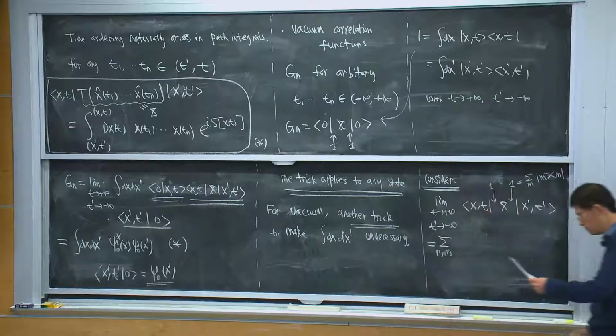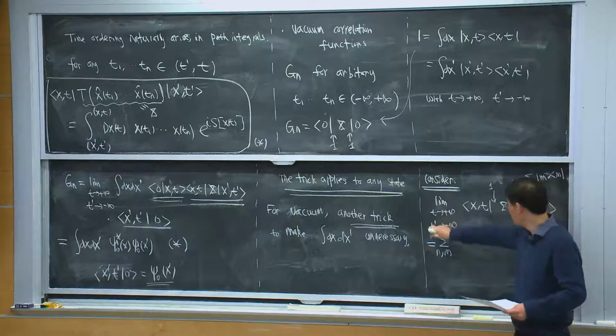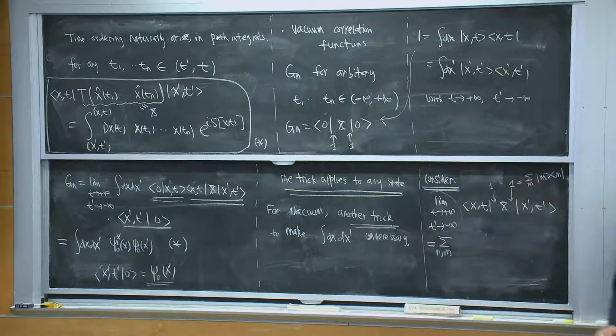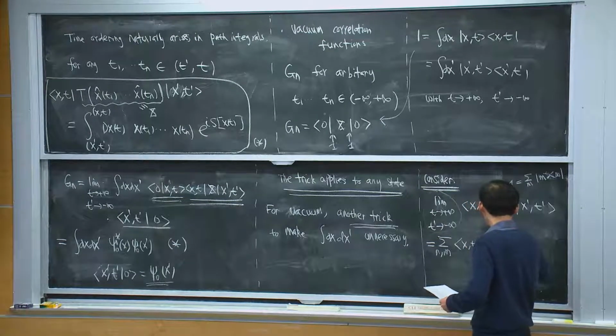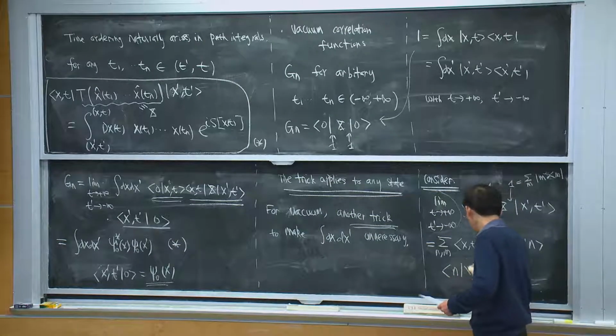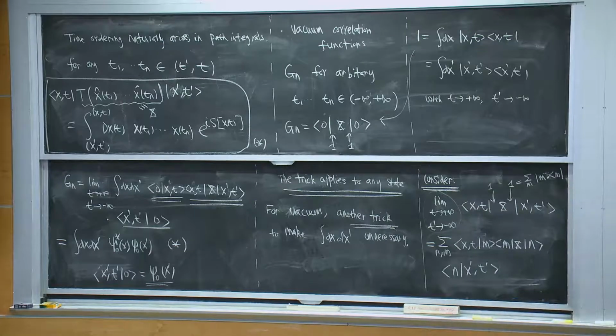Keep this limit in mind, I will not copy it over and over: always t prime goes to minus infinity. So now we have ⟨x,t|m⟩, ⟨m|n⟩, and ⟨n|x',t'⟩.